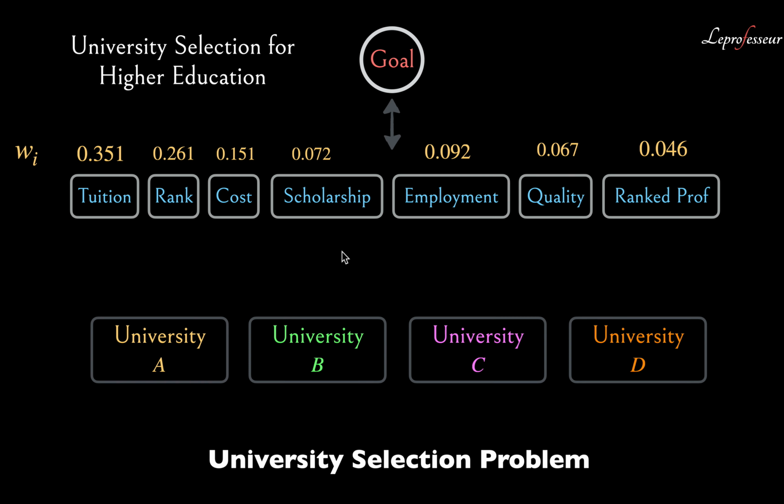So I have to do this multiple times, 7 multiplied by 4, that many times creating matrices, doing a pairwise matrix, and coming up with the weight of each university with respect to each criterion. So let's have a look.